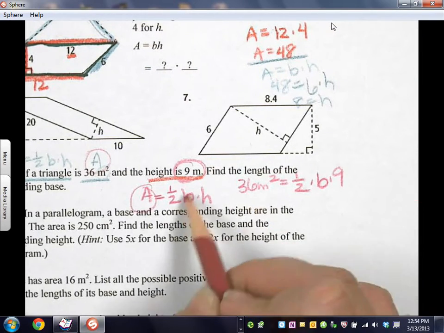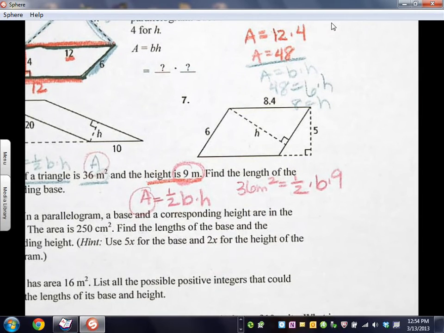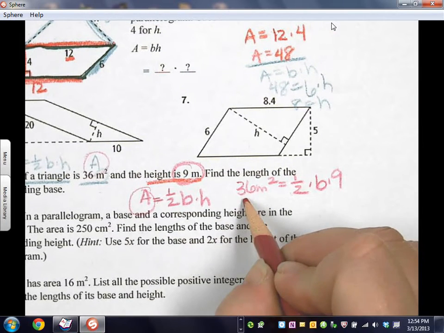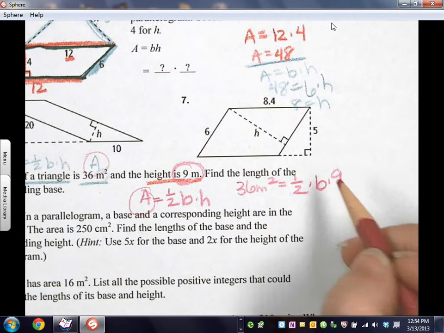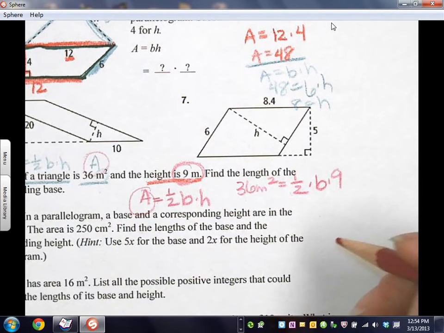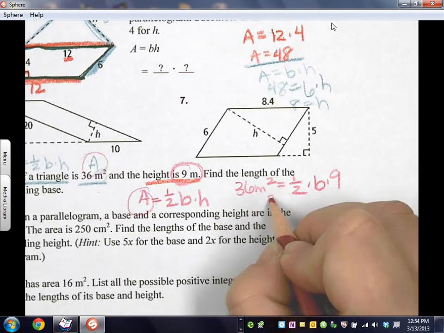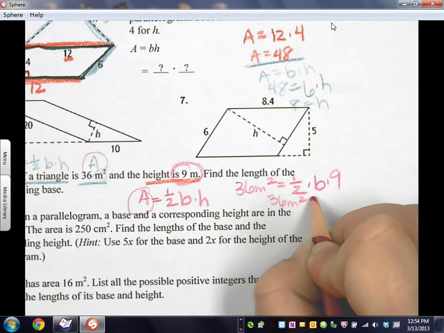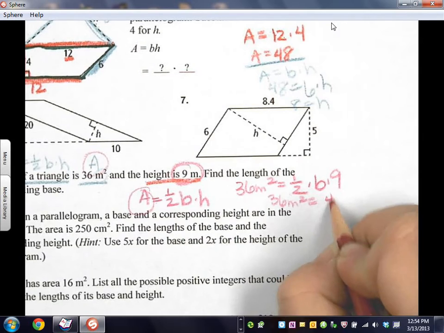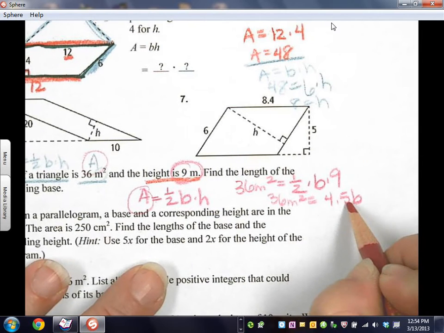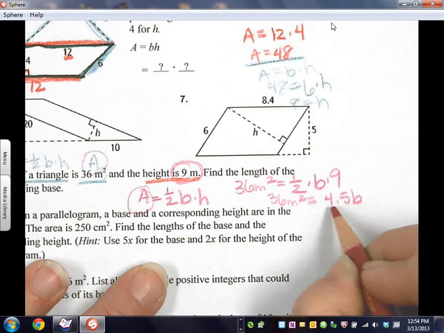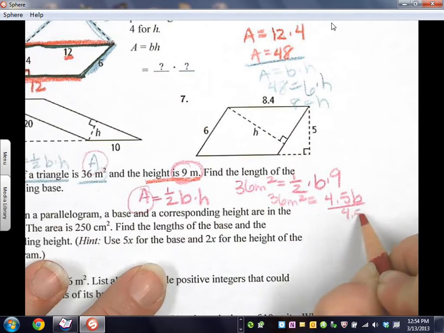So this is my equation that comes from this over here. So 36 meters squared equals 1/2 of base times height. So I can do one of two things. What's 9 times 1/2? Well, that's 4.5. If you don't know, go ahead and use your calculator. And this is 4.5b. So now I divide by 4.5.